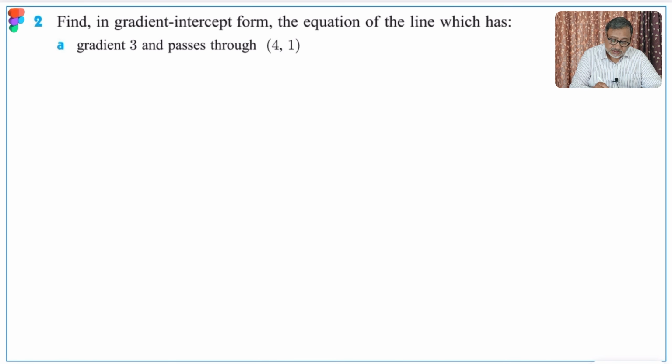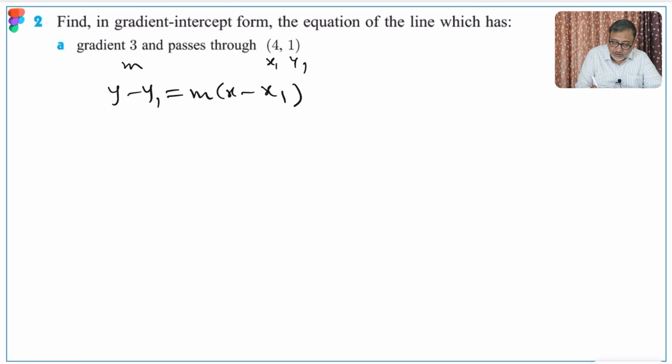Now this question says: find in gradient intercept form, meaning y is equal to mx plus c, the equation of the line which has the gradient 3 and passes through 4 and 1, right? So to find the equation of this line, this is x1, y1, this is m. So y minus y1 is equal to m into x minus x1, right?